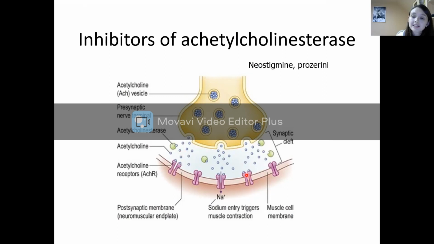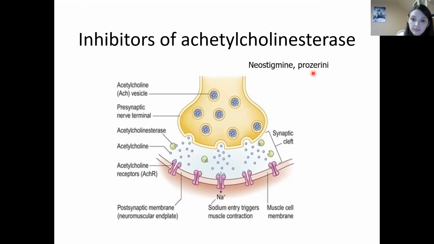Examples of such drugs are neostigmine or prozerine. These two drugs are inhibitors of acetylcholinesterase, inhibitors of that enzyme.